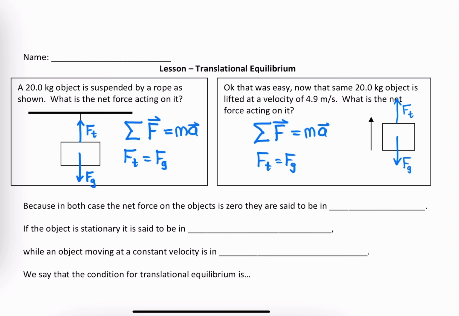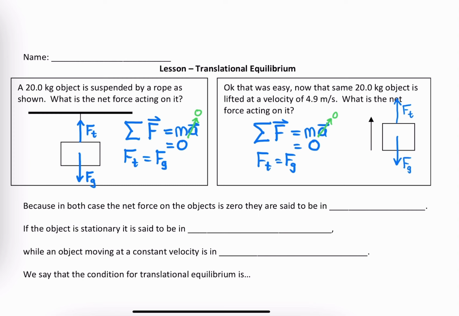That means both of those accelerations are 0. So they go away, and we can say that the net force is equal to 0.